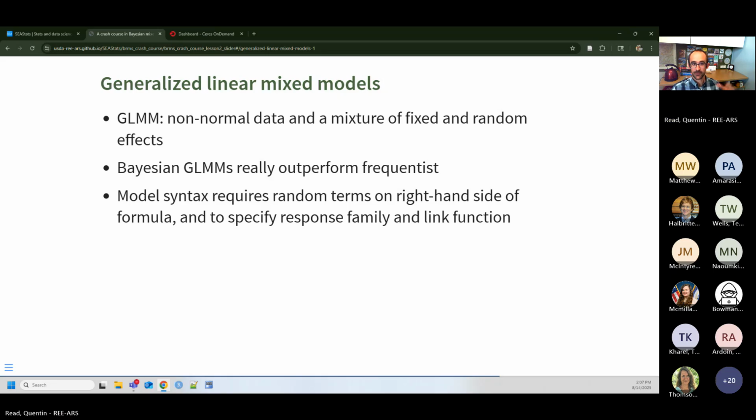And the syntax in terms of the coding in BRMS, there's really nothing new because we've already learned how to include fixed and random effects in the model formula on the right-hand side, and we've already learned how to specify the response family, the error distribution. So we basically just do both of those at once, and that's how we write our GLMM code.